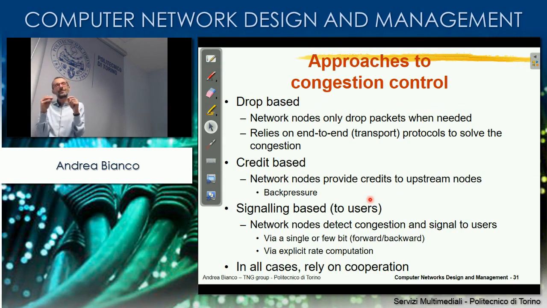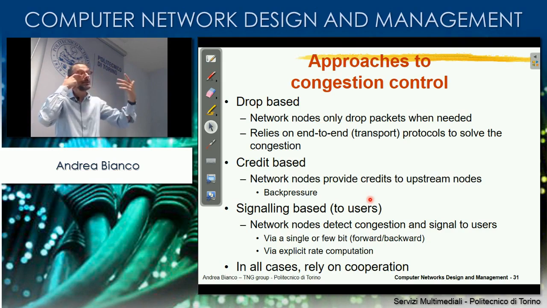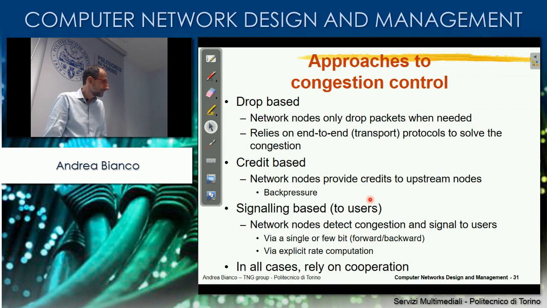That's called back pressure. It's a mechanism similar to the credit one, which is activated only if there are problems. The pure credit-based one is always active. You keep sending credits to make transmission possible. In this case, you don't send credits, but you send permission to send, or permission, what's the English name of that?